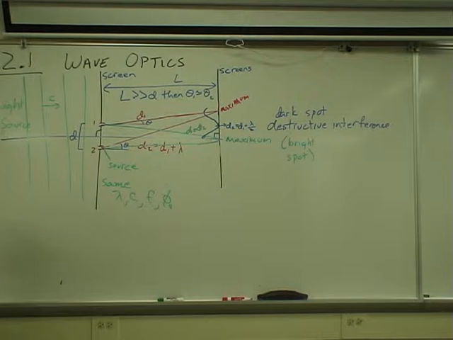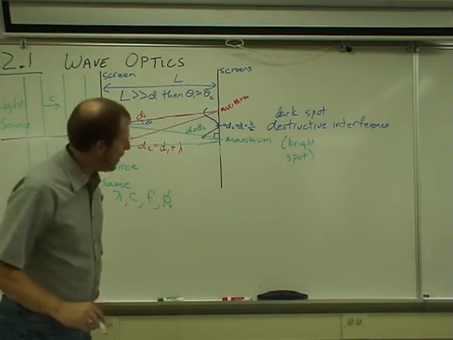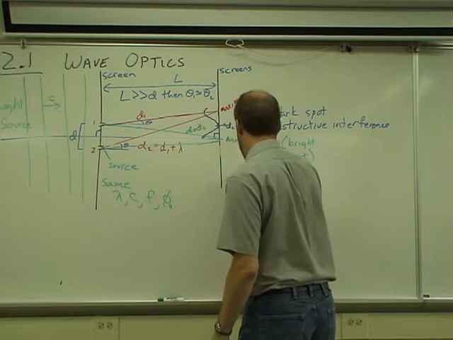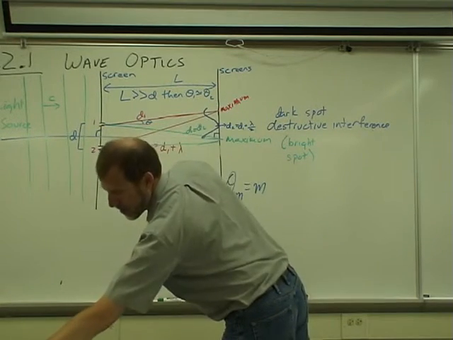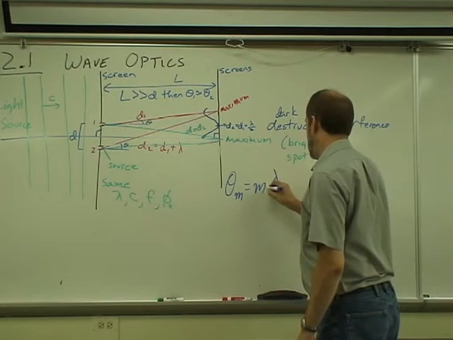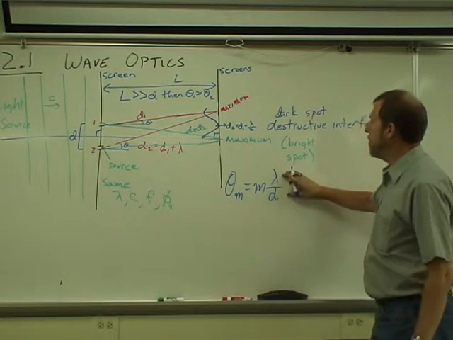Now, I can look at those in terms of angles, but for double slit interference, I could say, all right, the angles depend on the path length.